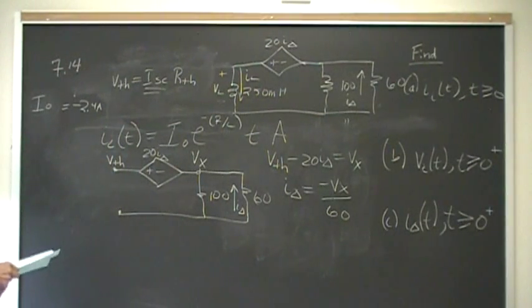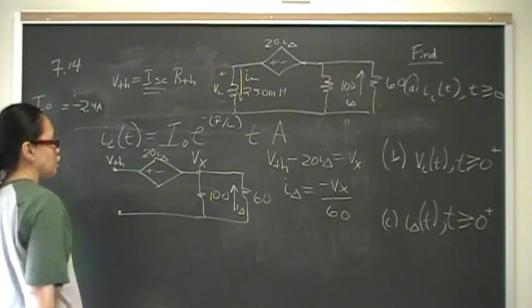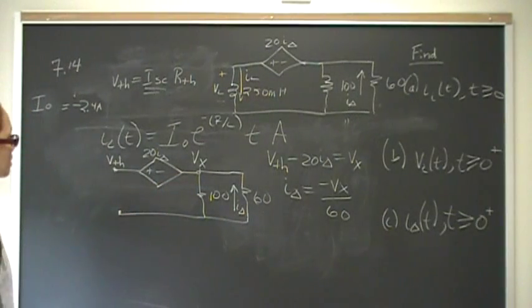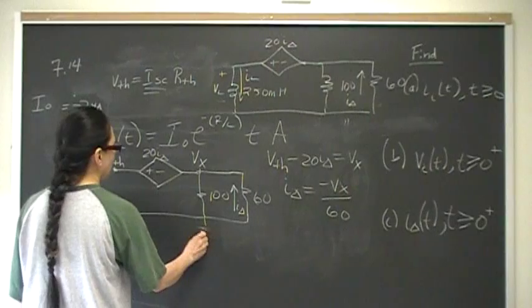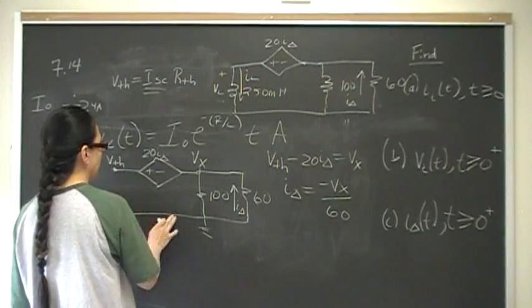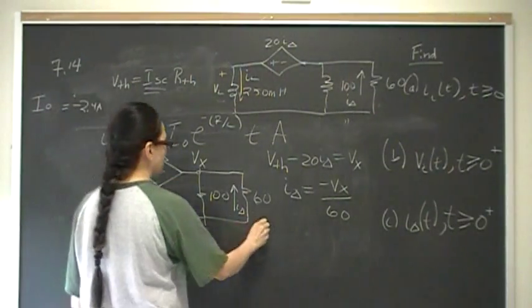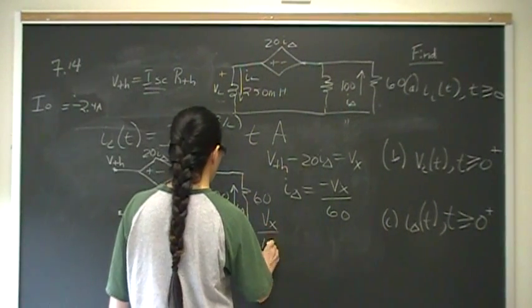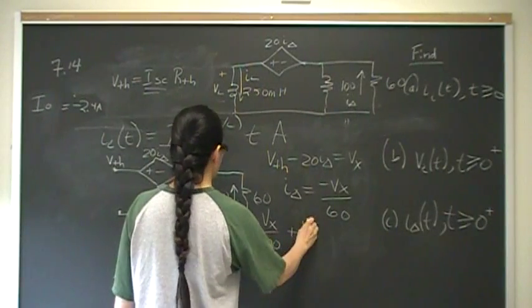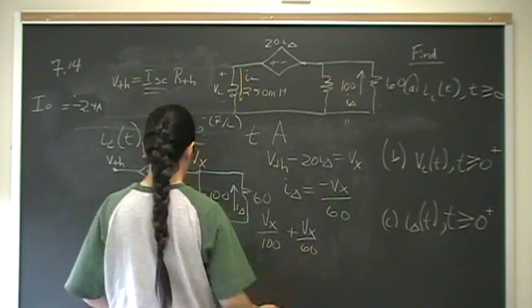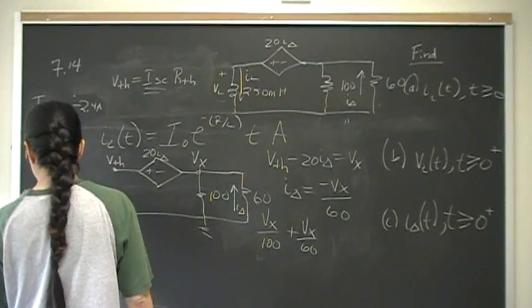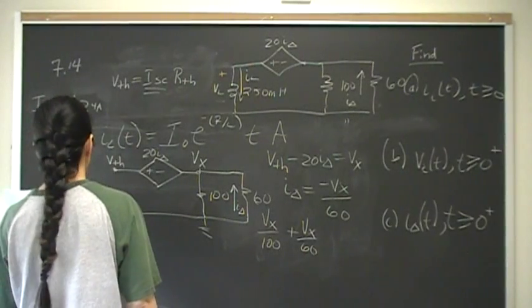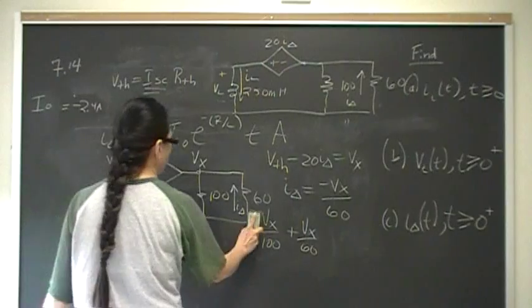Okay, then we need to write an equation here. Naturally we're going to take that to be the ground. This is an open, so there's no current there. So this is the node voltage at Vx. Actually, my bad.